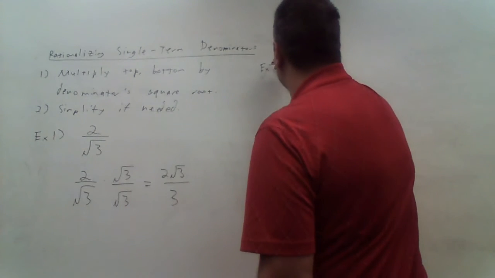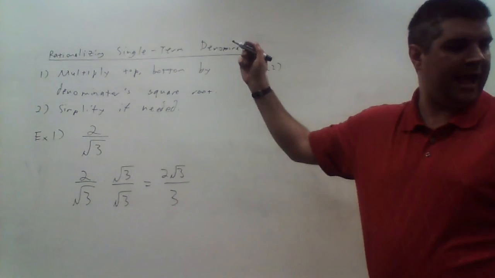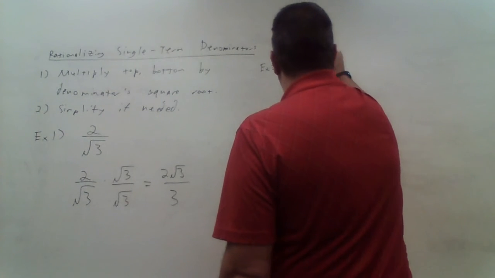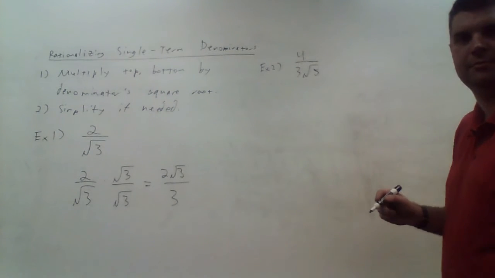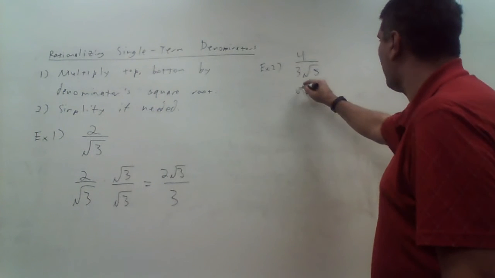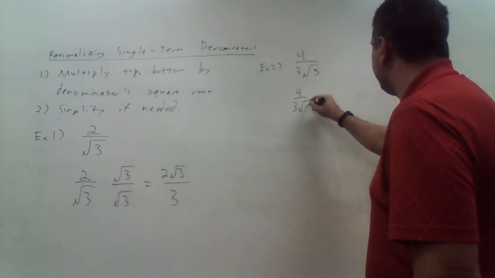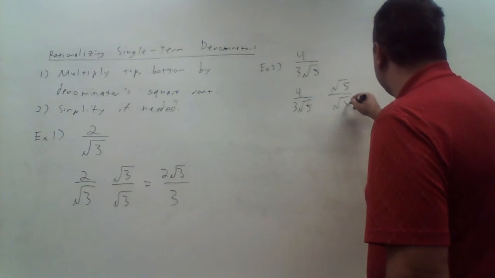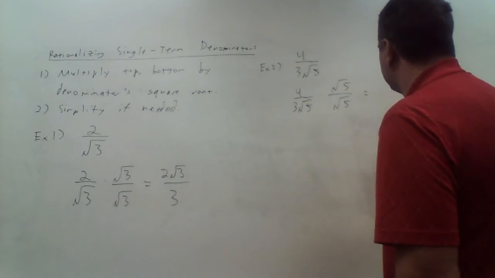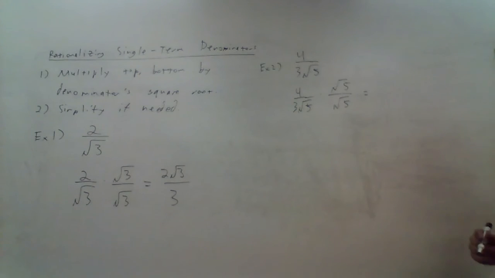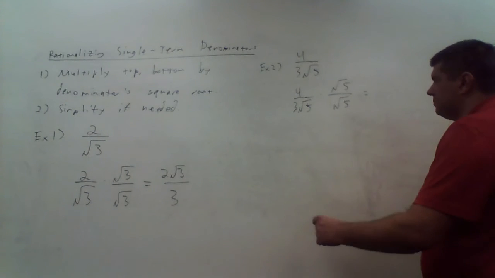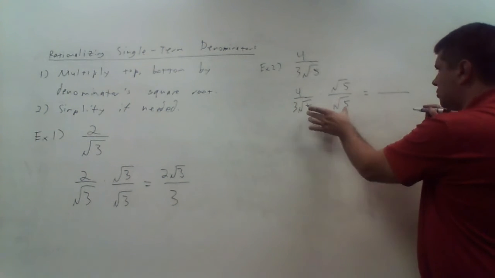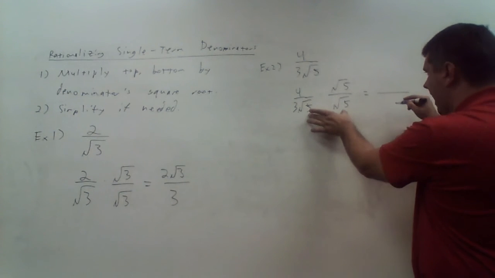Example 2. Let's say we have 4 over 3 square root of 5. Well, we're going to multiply top and bottom by the square root of 5. So down here, the square root of 5 times the square root of 5 is just 5.